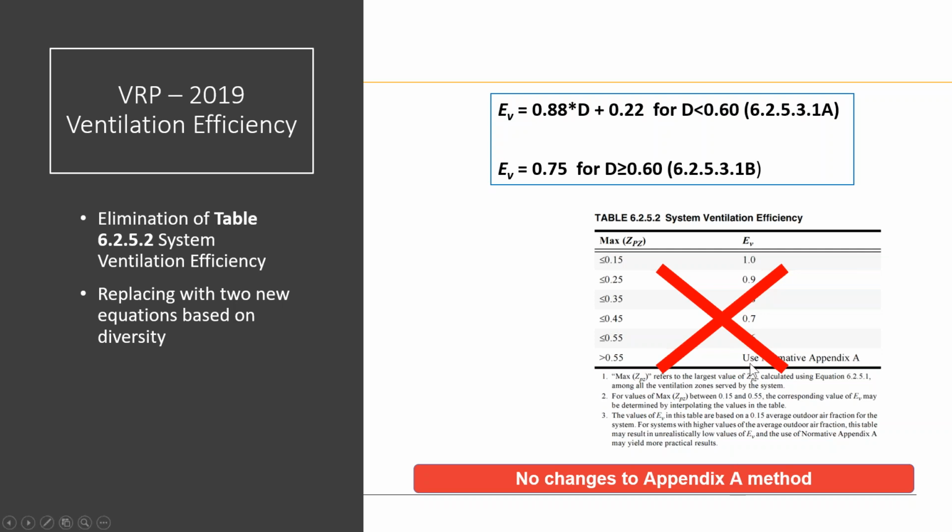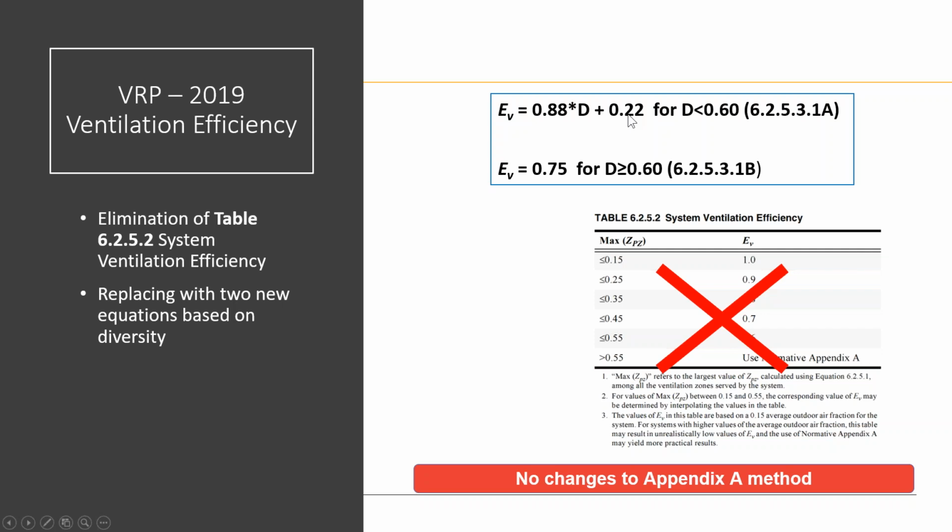Or you go to the appendix, use the table for ventilation efficiency, and you see this number is 1 or less, so you need to increase your outside air depending on your findings. Or you go to Appendix A and do more exhaustive calculations. The problem was few VAV systems fall under this table, so it would not be used, and this would force the use of the more complex Appendix A.